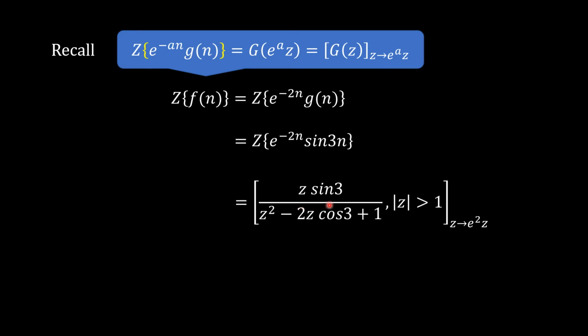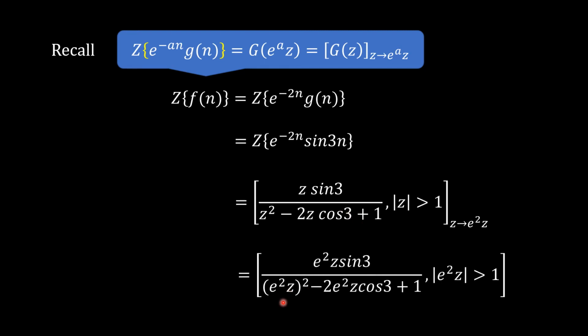z into sine 3 divided by z square minus 2z cos 3 plus 1, mod z greater than 1, and in that replace z by e raised to a into z, that is e square into z. So replace each z by e square into z.